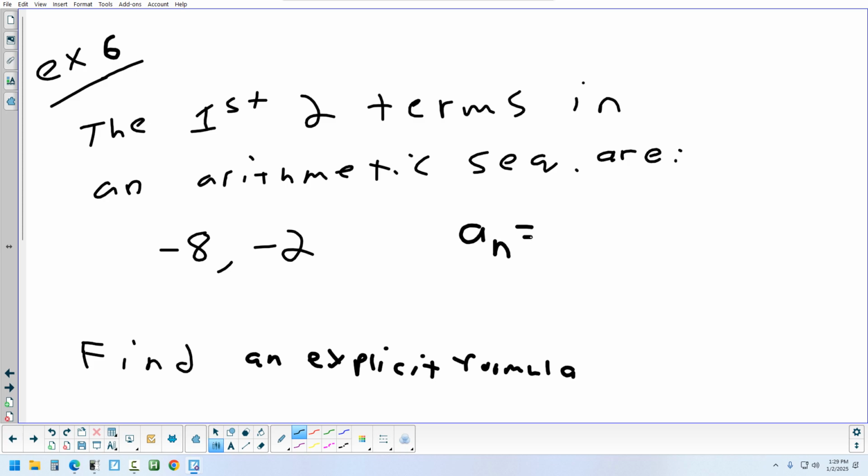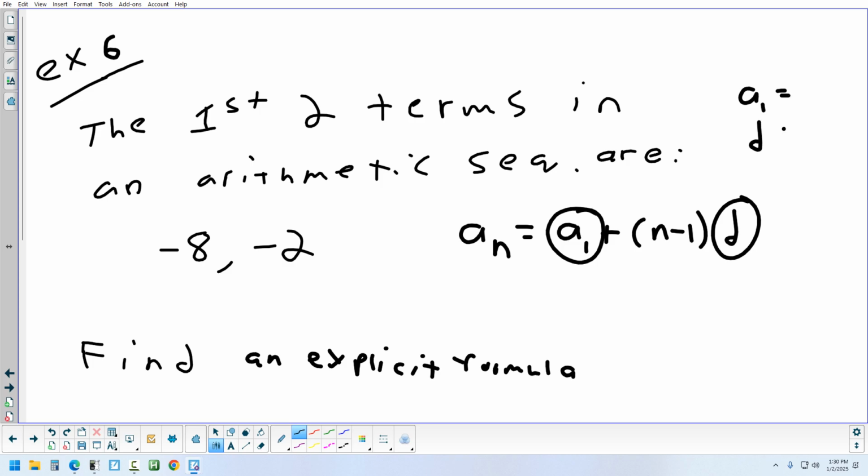Well, let's start with the formula we need to plug into. Someone remind me one more time, what's that formula? A1 plus n minus 1 times d. So we need two things, this and this. What is the first term in our sequence? Negative 8, it's given.